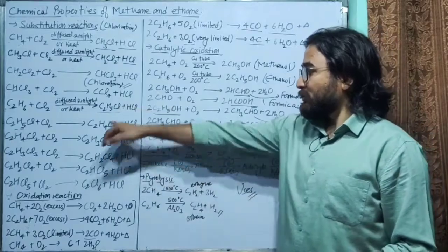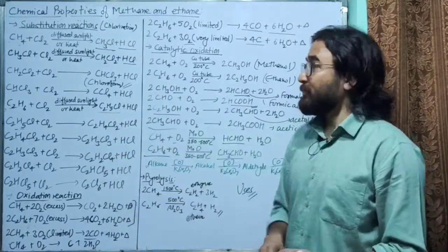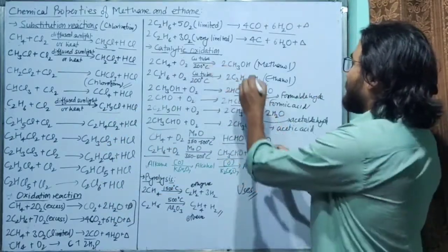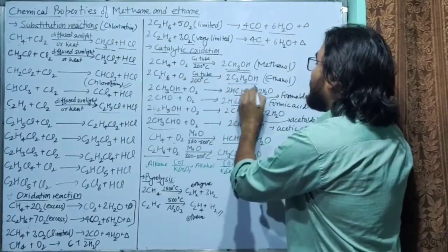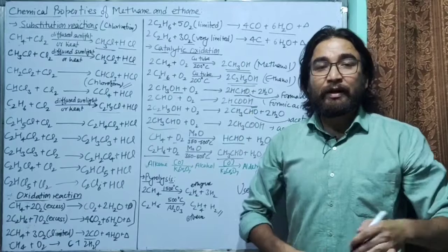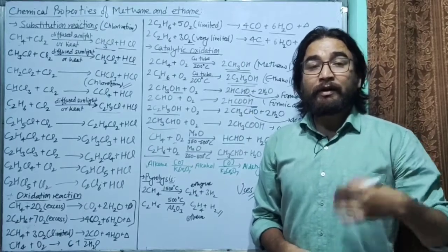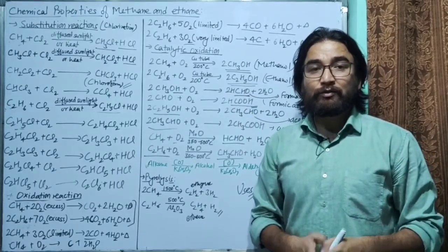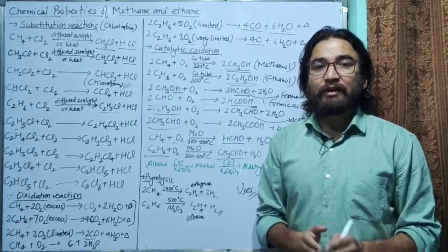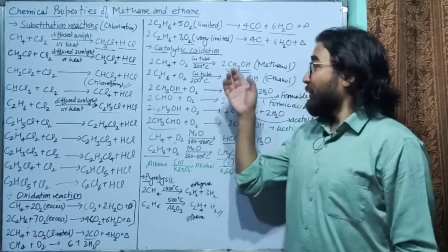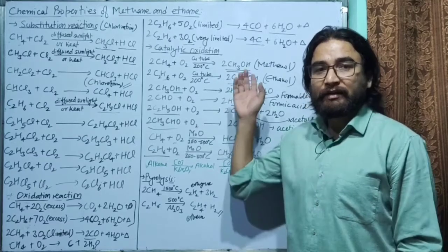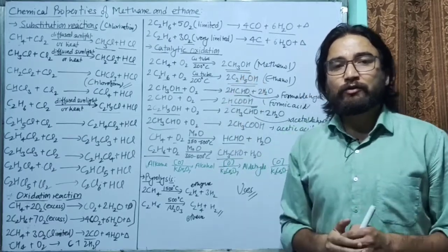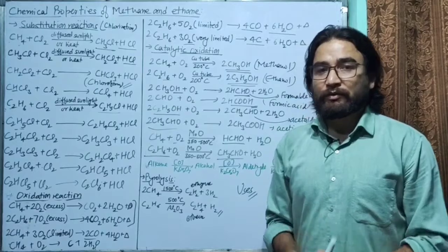Next, it is used to prepare methanol, and ethane will give you ethanol. So it is used for manufacture of methanol or ethanol. Methanol is also used as a very good solvent. Similarly, ethanol is also a very good solvent for organic compounds.